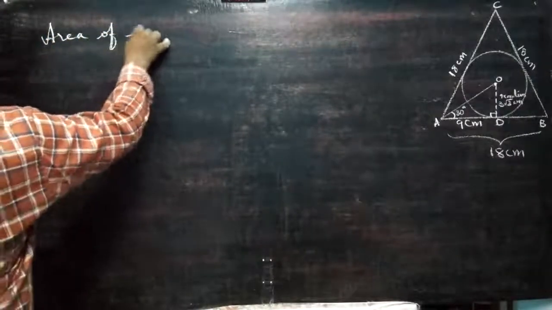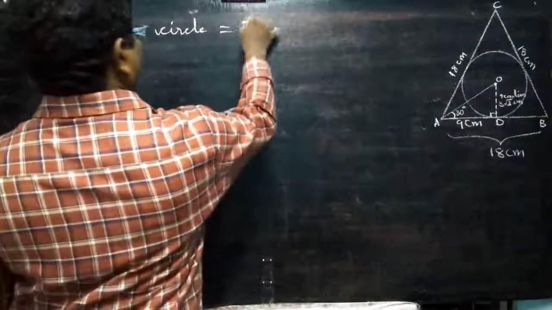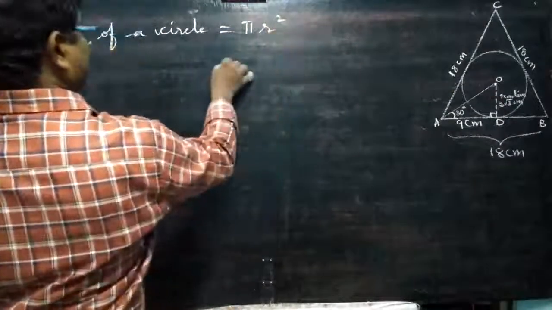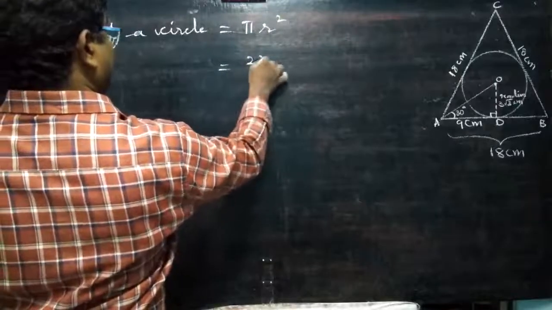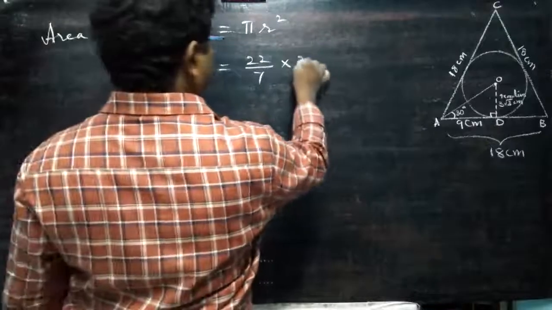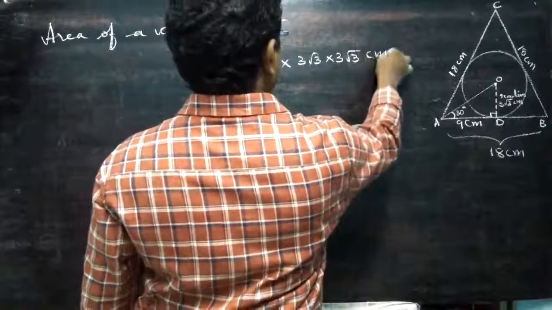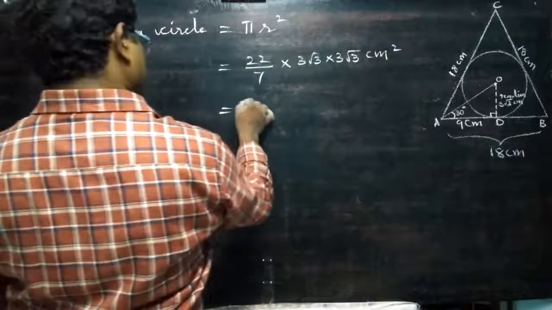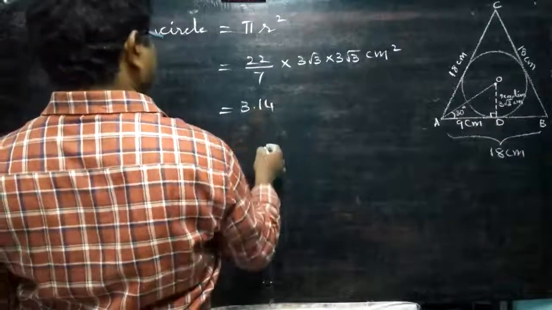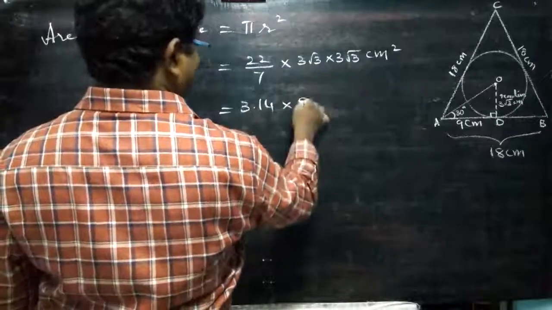Area of a circle, formula pi r square. They told us to use 3.14 instead of 22 by 7, into the radius we got, 3 root 3 into 3 root 3 centimeter square. 3 threes are 9.